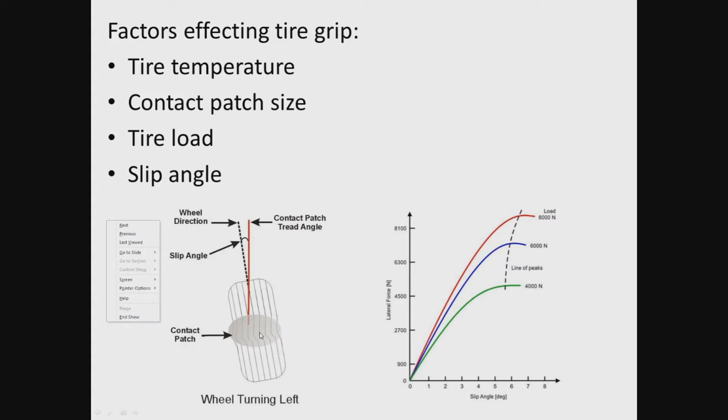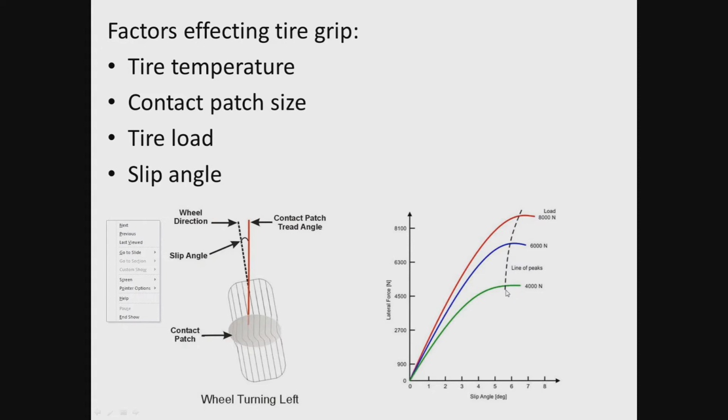And the larger of a slip angle you generate, the more lateral force you're going to be generating as well. This is also different depending on how much vertical load you're placing on a tire, and you can see this on the graph demonstrated over here. As your slip angle increases, you are capable of generating more lateral force on the tire, different for each vertical load, up to a certain point, at which point the force is going to drop off.